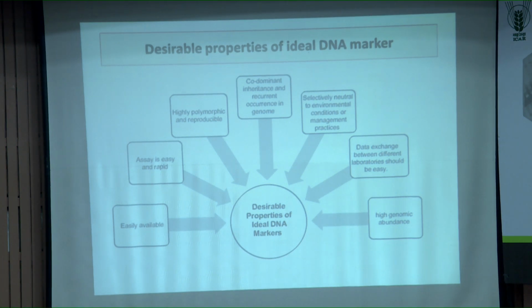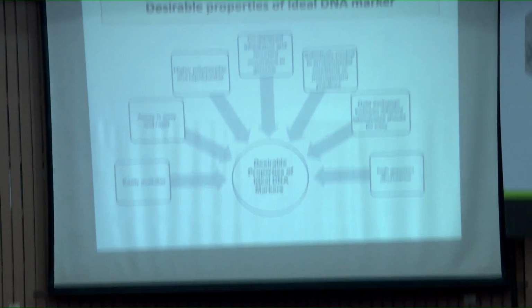You know our agricultural crops are always under stress, there are lots of management practices we apply, and there is variation in environmental conditions also. So in all environmental conditions, it should be able to amplify your pathogen. There is one example, you might have heard about Panama wilt, a very important disease caused by Fusarium oxysporum f. sp. cubense.